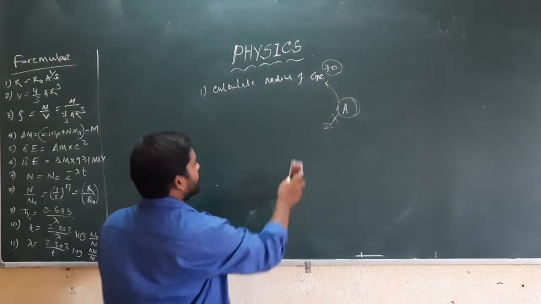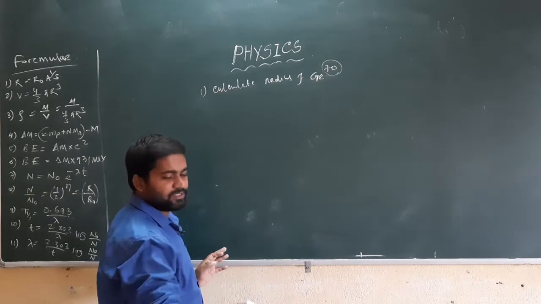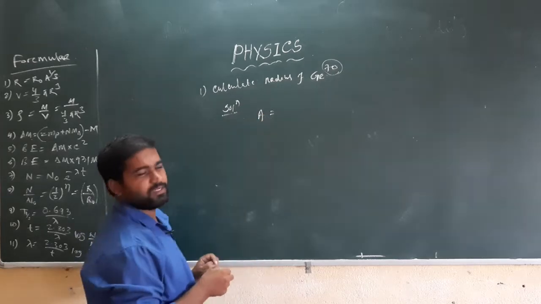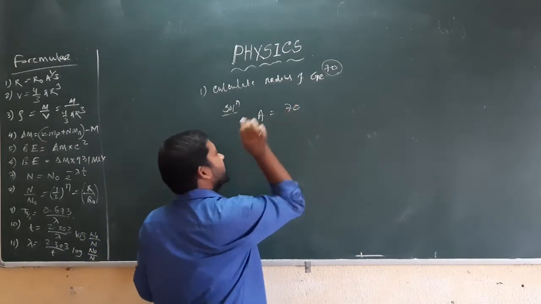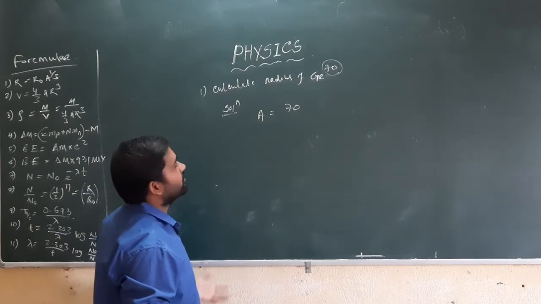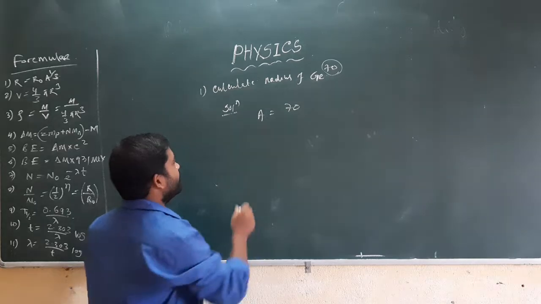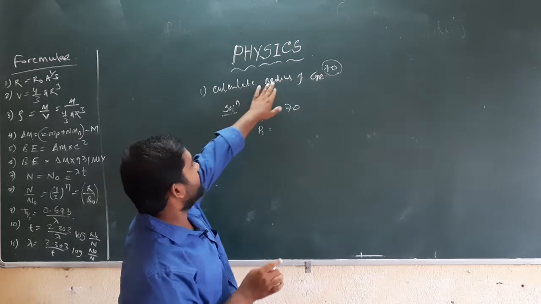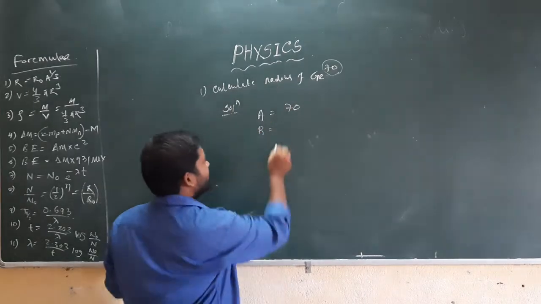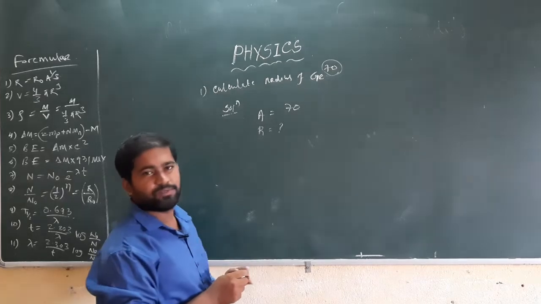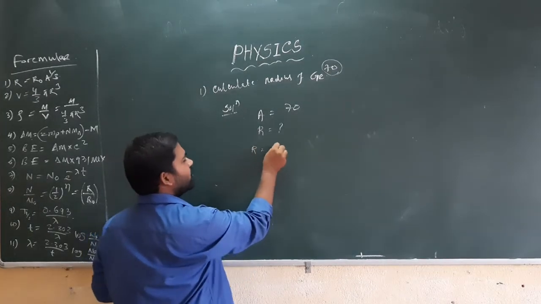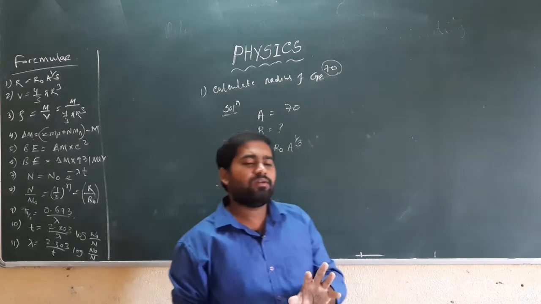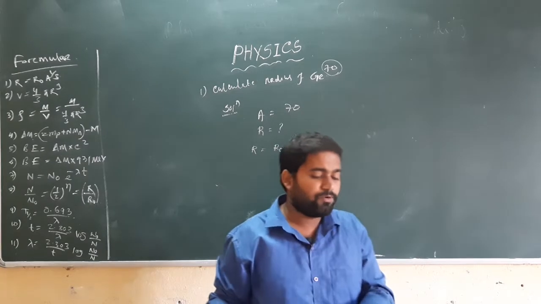For germanium 70, the atomic mass number is 70, and the calculation is to find the radius of the germanium nucleus. So r = r0 A^(1/3), where r0 is 1.2 Fermi.